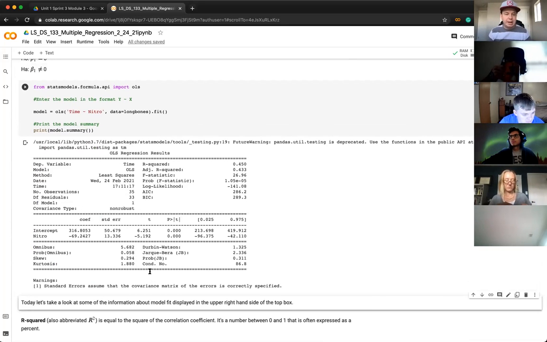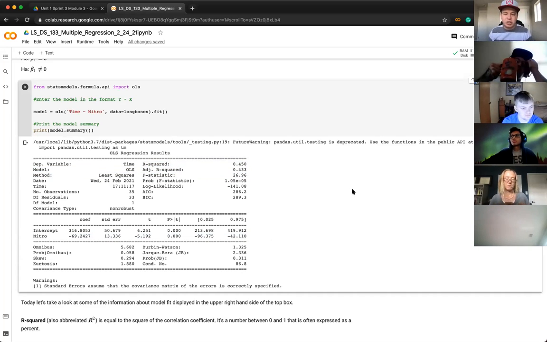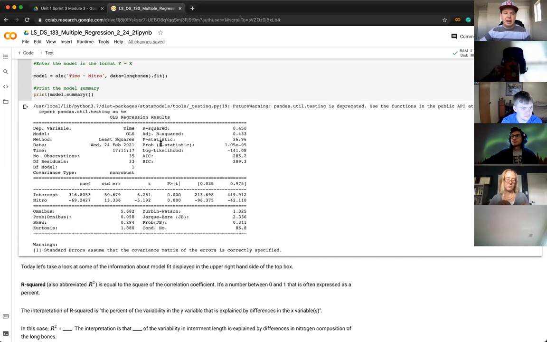Now, yesterday we talked a lot about this center section, which is probably the most important section of this output here. A strong contender for that most important is these two top lines right here in the top right section. This is where we see the R squared, sometimes also abbreviated literally R squared.